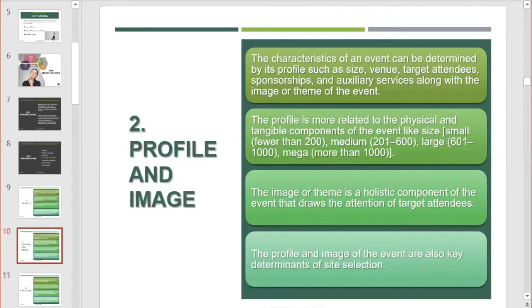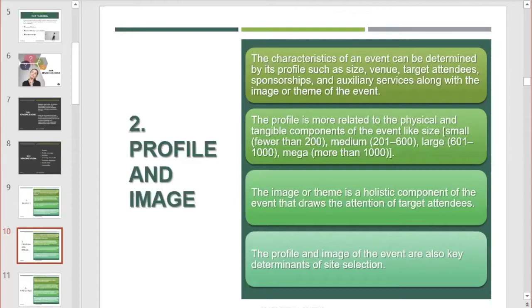So definitely the target attendees were of a high profile, and the image of the host of the event was also that of a high profile image. So the profile is more related to the physical and tangible components of the event, like the size of the event, right? And the image of the event.